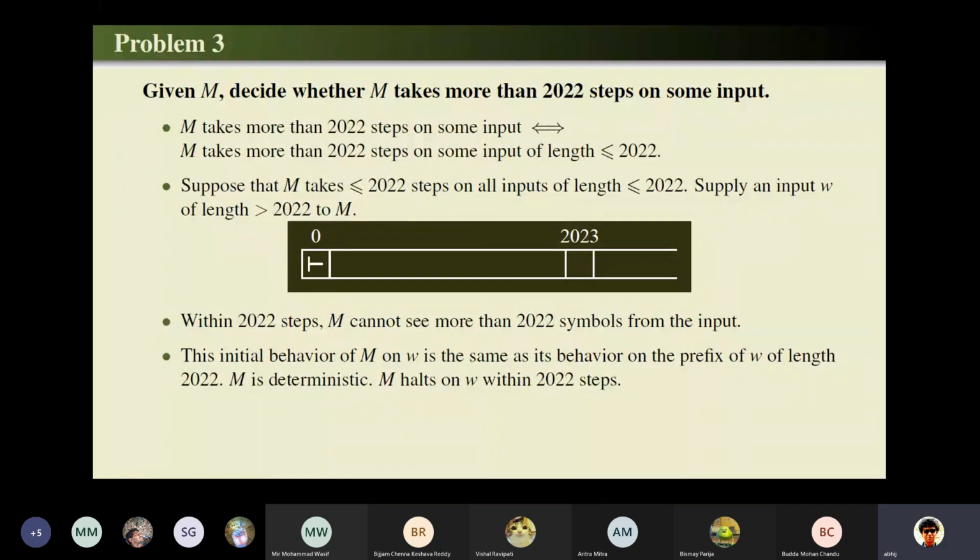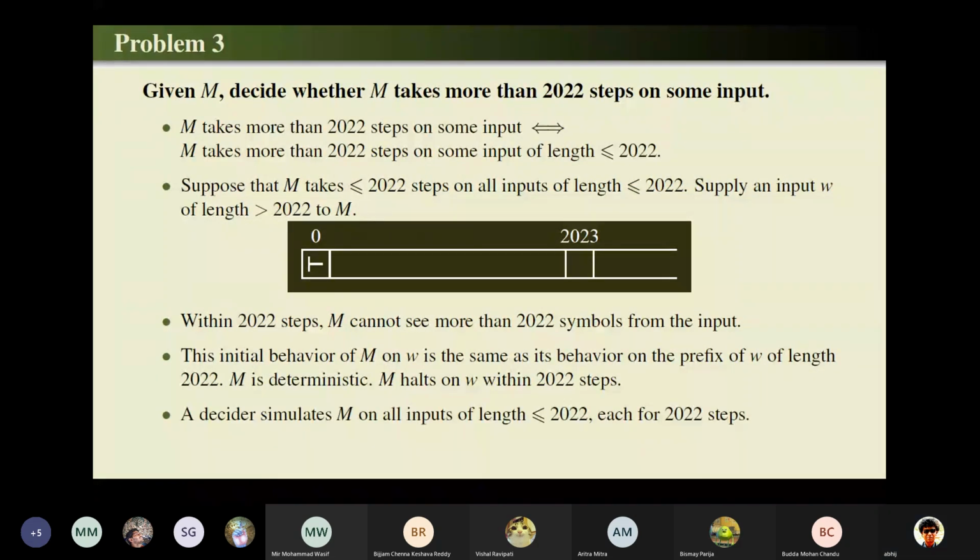Therefore, since M is deterministic, M will halt within 2022 steps. So that's the basic idea.